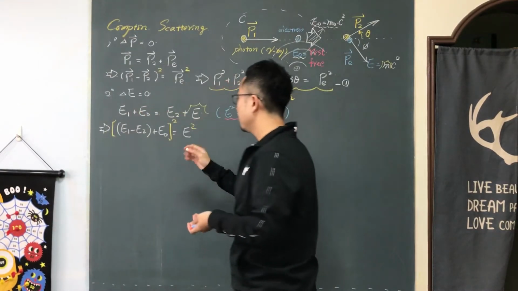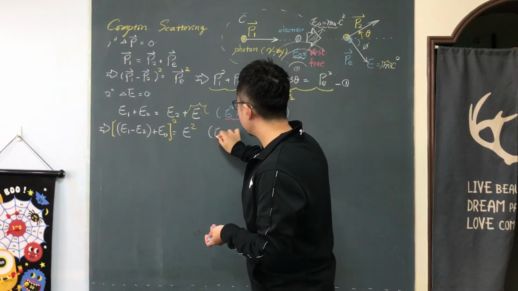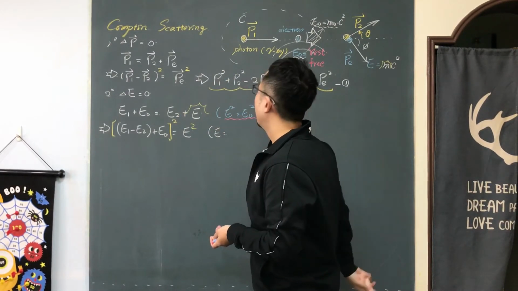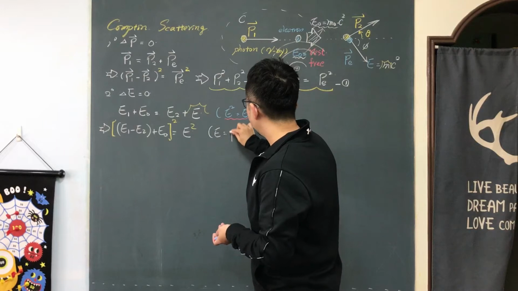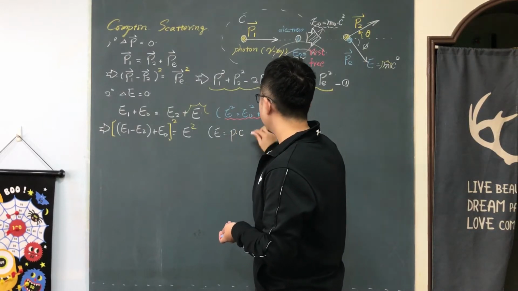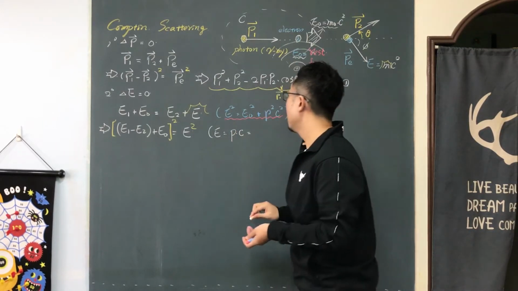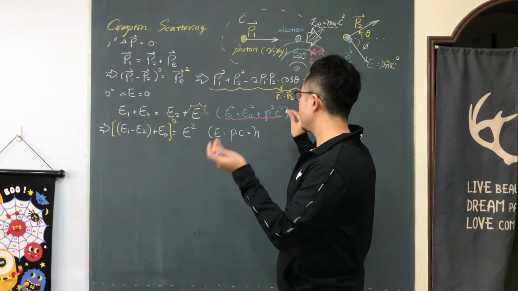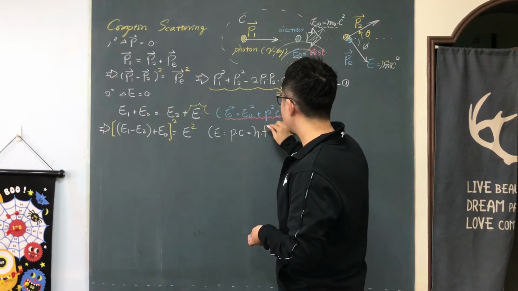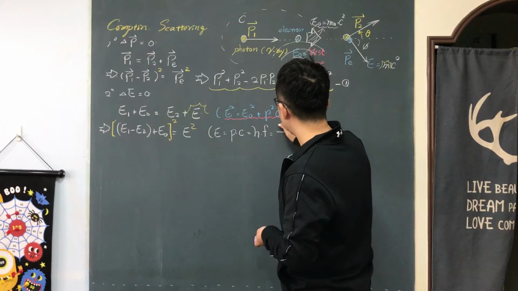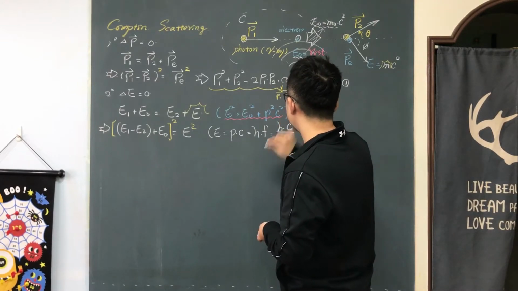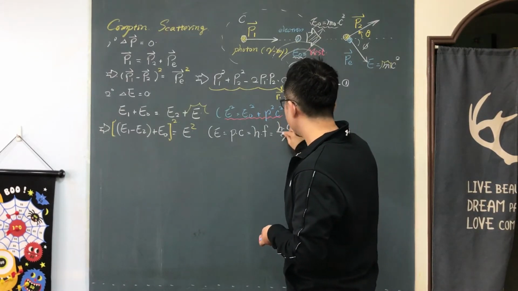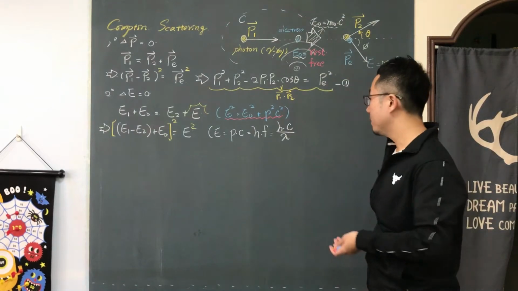Since this is really useful, I'm going to square them all. And in order to simplify this, let me remind you the energy of a photon is equal to momentum times the speed of light, is equal to Planck's constant times frequency, is equal to Planck's constant times the speed of light divided by the wavelength.